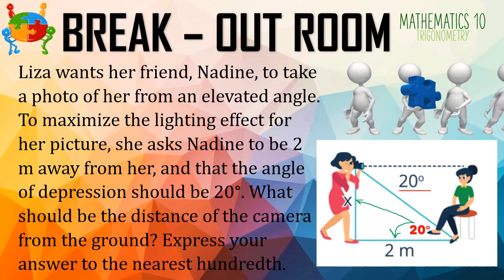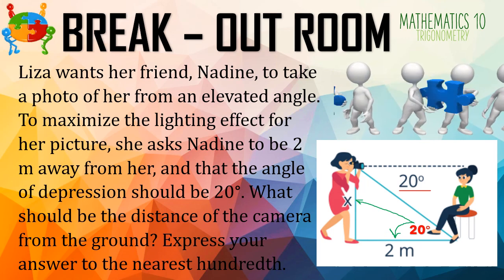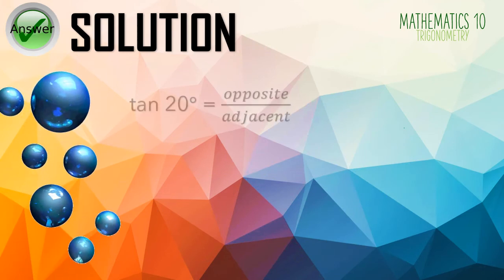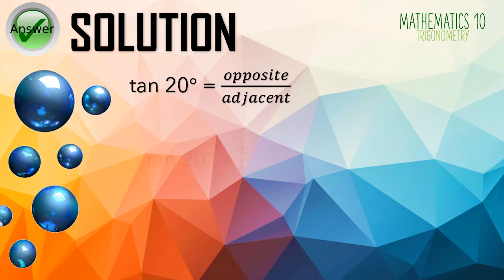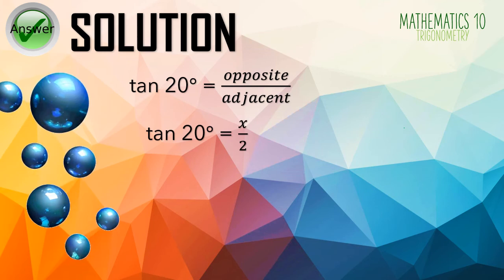Therefore, we are supposed to use the tangent ratio or tangent function again. In our solution, tangent 20 degrees equals opposite divided by adjacent. Then substituting in the formula, we have x over 2.